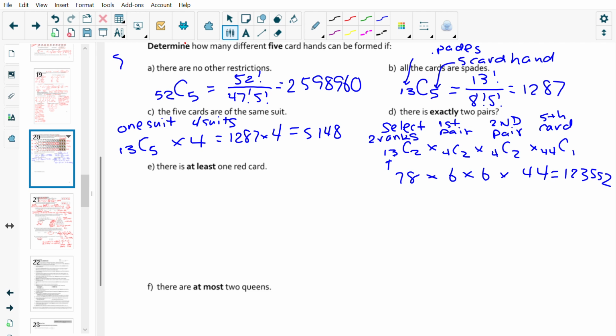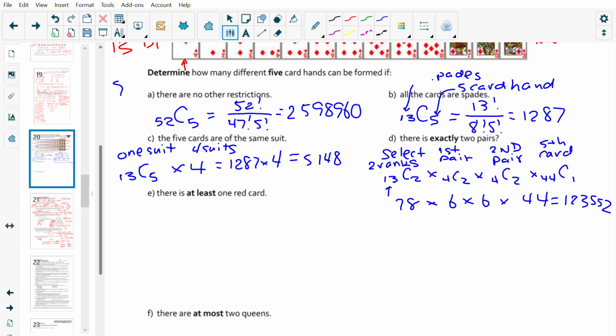Okay. There's at least 1 red card. So if I do this at least 1 red card, well, I can have 1 red card, 2 red cards, 3 red cards, 4 red cards, 5 red cards. Well, and then add those up, that's too much work. Let's do it a simpler, faster way.